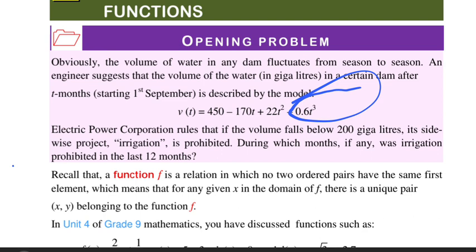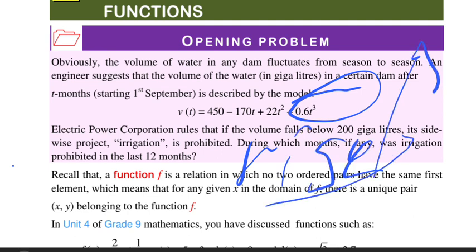Minus 0.3 t raised to 3 is 0.6 t raised to 3, t to the power of 3. I don't know how to spell it, but I call it raise.